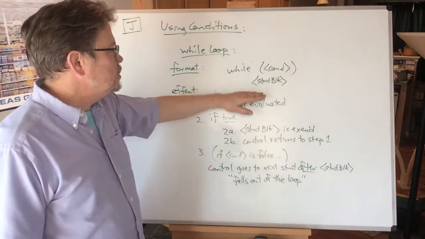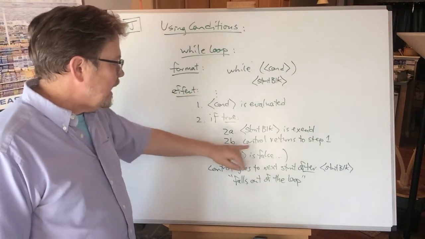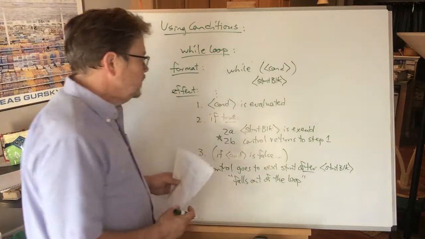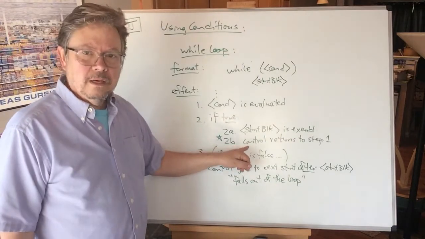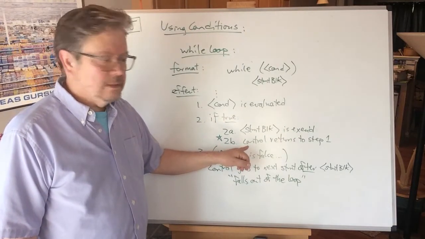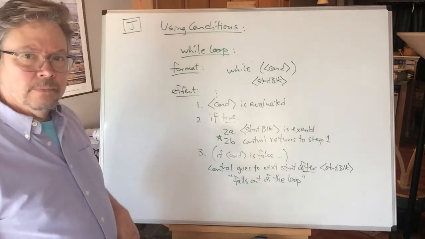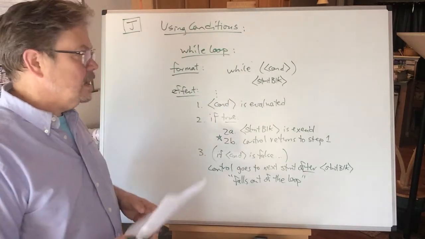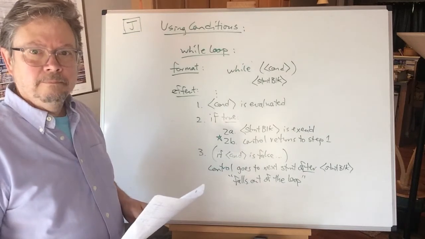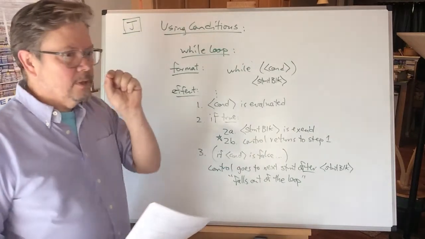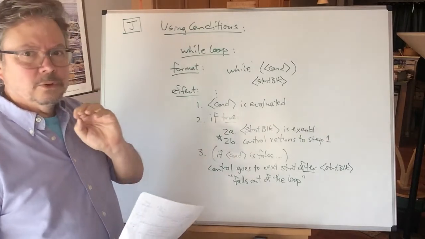Okay, if the condition is true, it does the statement block. After that, here is actually the biggest difference between a while and an if, aside from not having an else. Control returns to step 1. It goes back up and does the condition again, possibly going through several times. Now, I'm going to say this very carefully and try not to go too quickly.